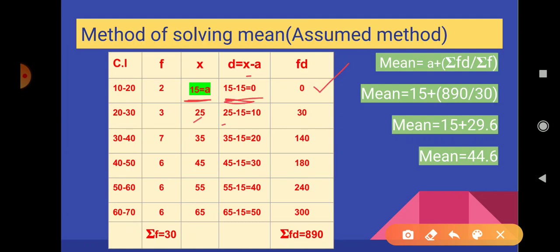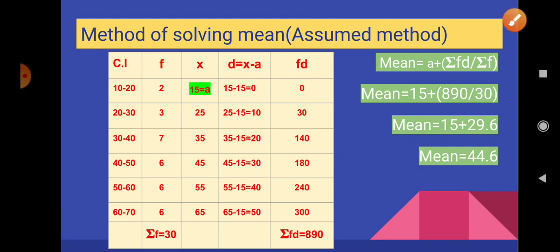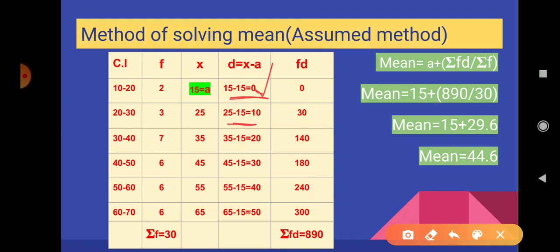Next, x is 25 and the assumed a is 15. 25 minus 15 is 10. Observe this column. So 15 minus 15 is 0, this 0, and this one is fd. Next, 25 minus 15 is 10. Next, x is 35, and a is common here, that is 15.